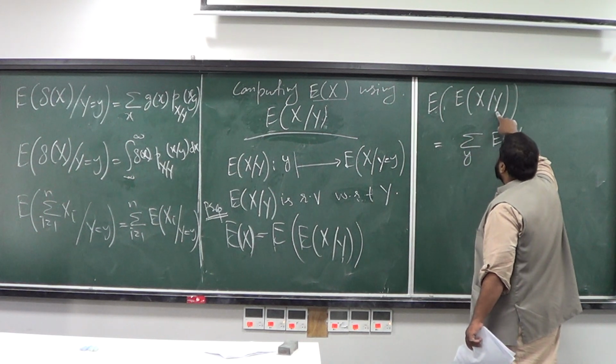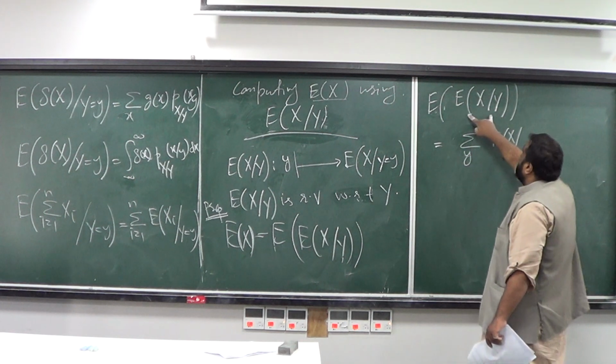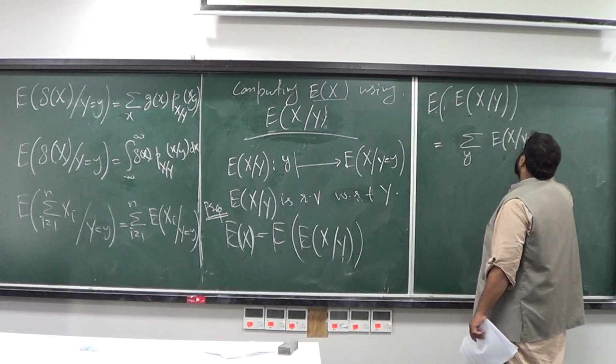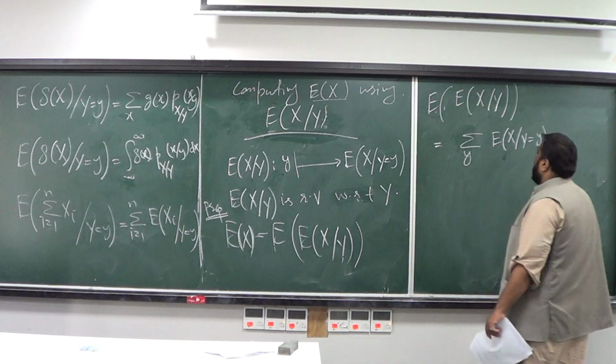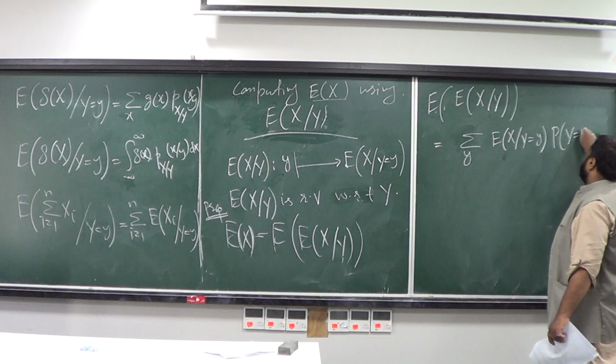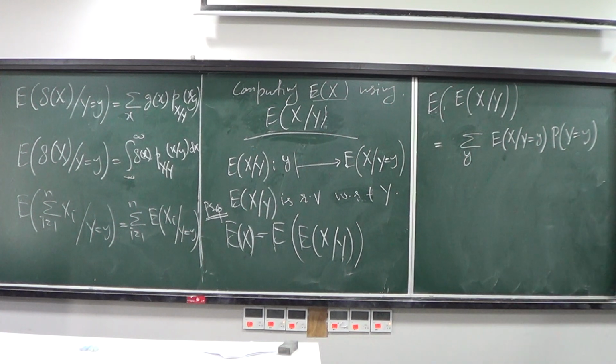When y is taking the value y, what would be the value of this random variable? The value of this random variable is going to be the expectation of x given y equal to y, times the probability of y equal to y. This is what it is going to be.